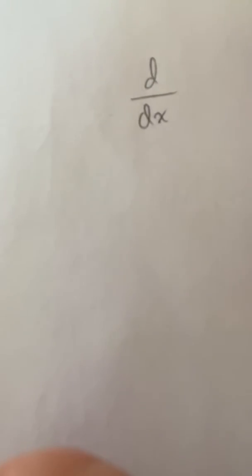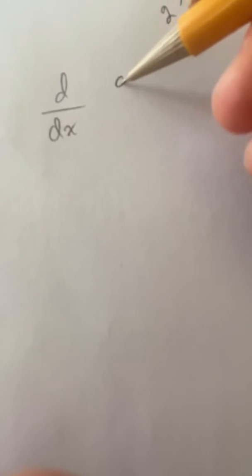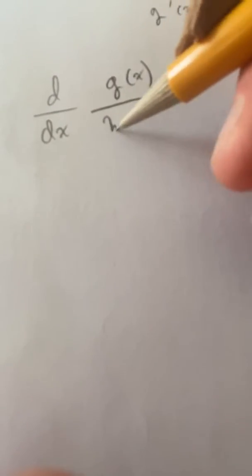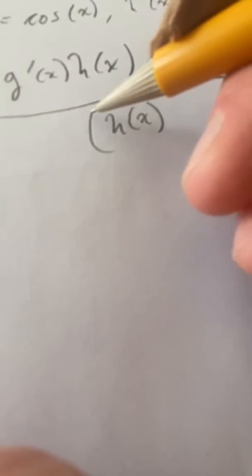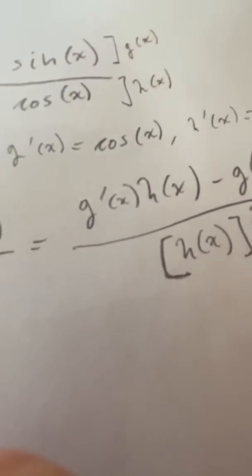If we take the derivative of any quotient of functions, so we'll call it g of x over h of x, this is going to equal g prime of x times h of x minus g of x times h prime of x, all over h of x squared.